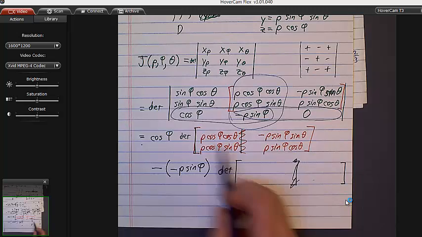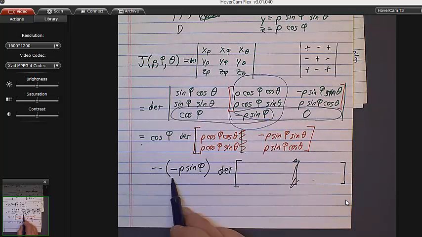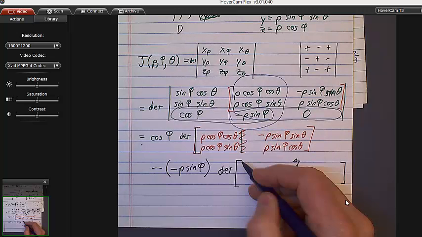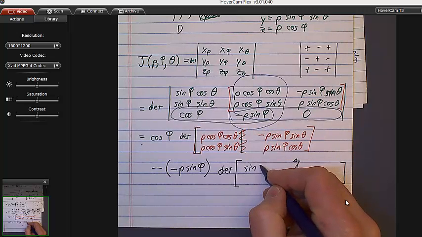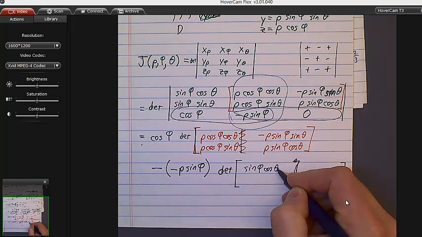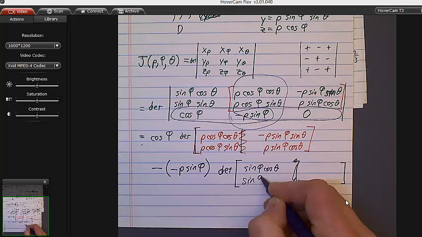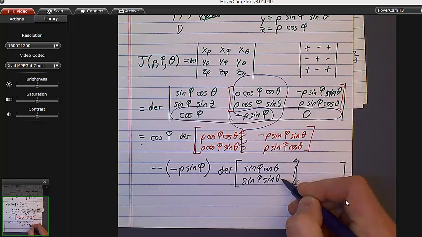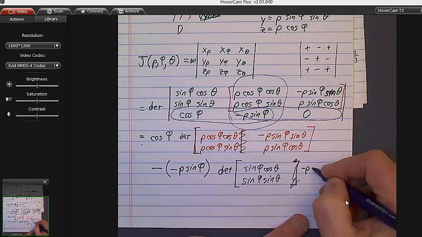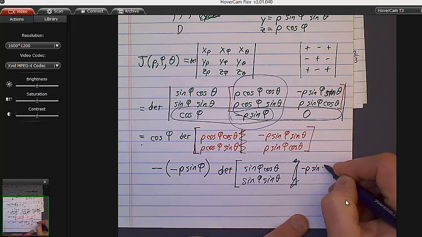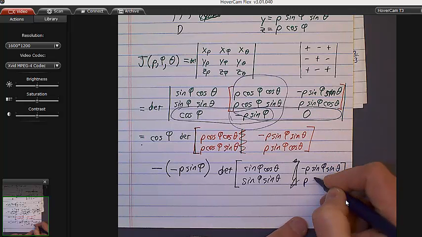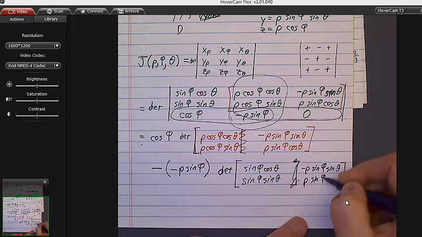And so what goes in here is negative rho sine phi times, the first column: sine phi cosine theta and sine phi sine theta. And the second column is, again, the third column: negative rho sine phi sine theta and rho sine phi cosine theta.